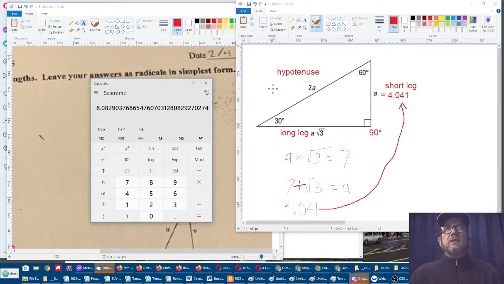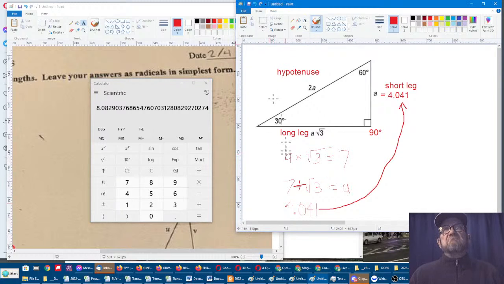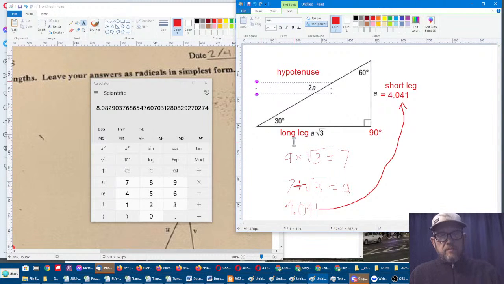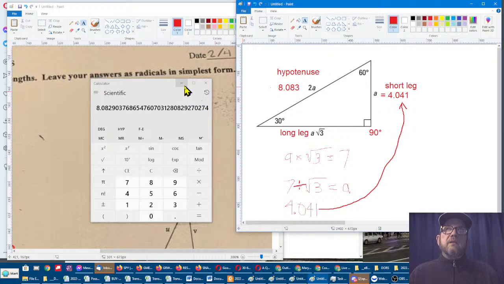So it's going to be roughly 8.08. You notice it's 8.082, but the 2 makes me round it up to 3. 8.083. That should be your answer for that.